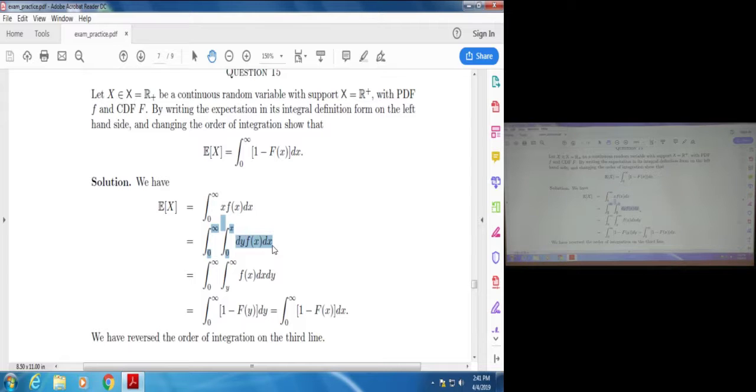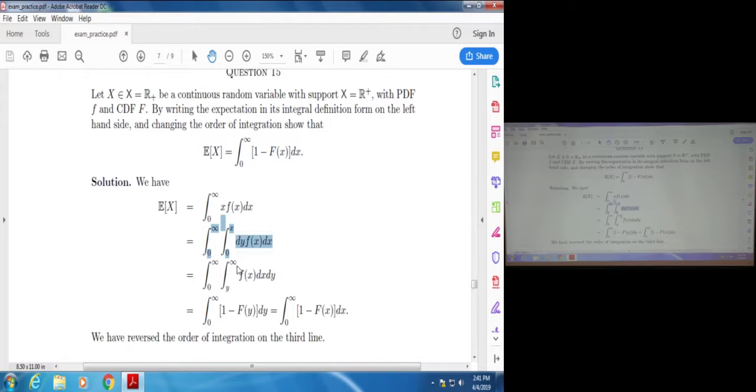Okay, now if I do that, I draw a line parallel to the x-axis and an arrow. The first time x enters this region is when x is equal to y, and it never leaves it. So x goes between y and infinity, and y goes between 0 and infinity.